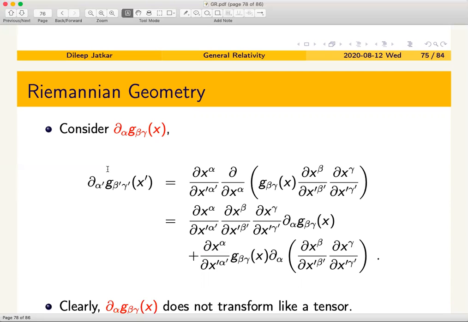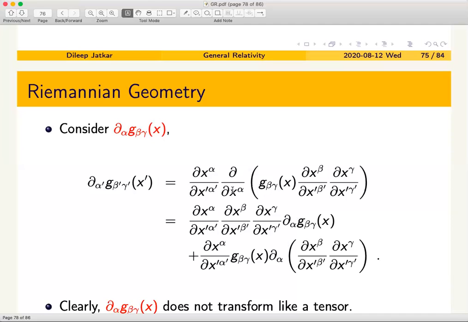That is the first piece, and that piece would have del x alpha by del x prime alpha prime, del x beta by del x prime beta prime, del x gamma by del x prime gamma prime sitting outside. So this piece almost behaves like a tensor. It's a homogeneous transformation. Del of g is related to del of g times some transformation property.